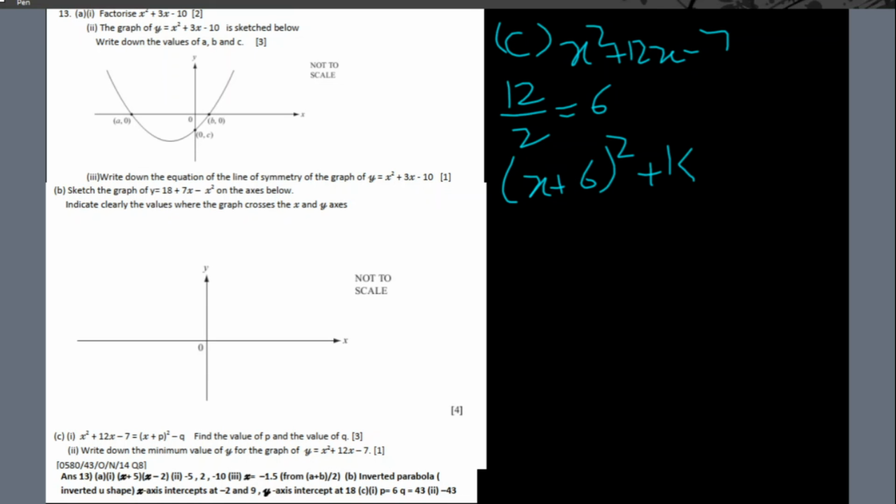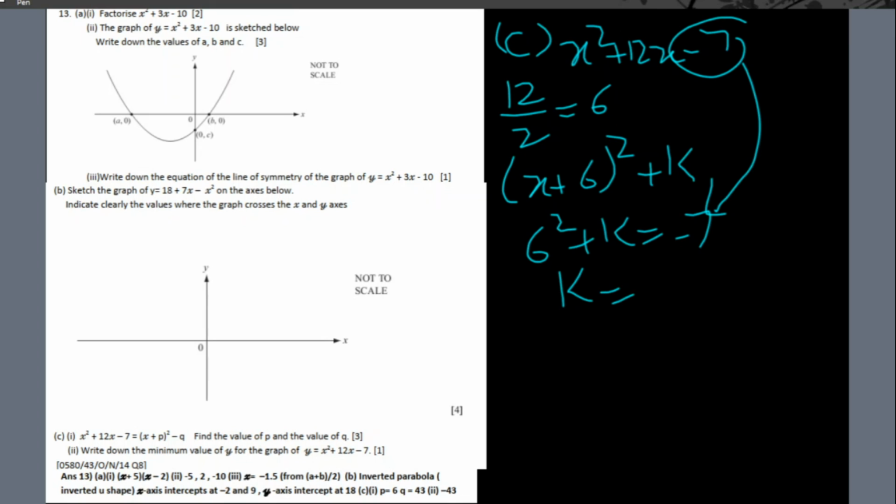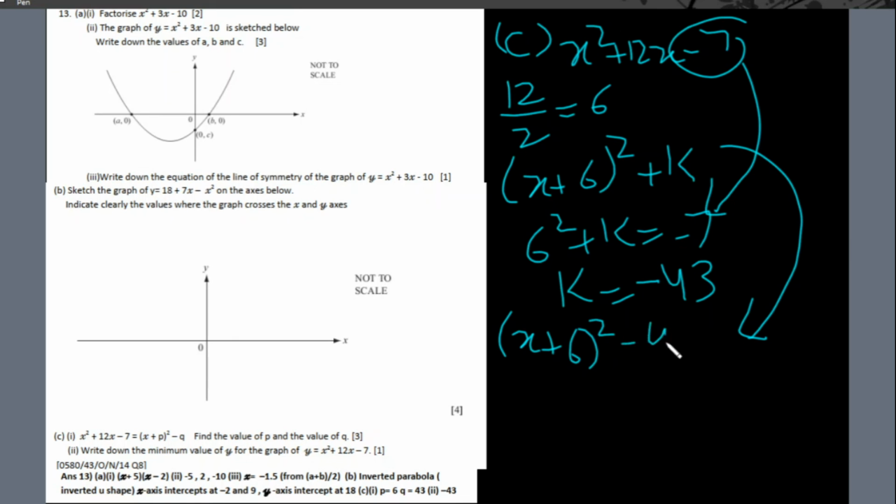We get 6 square plus k, write 6 square plus k equals minus 7. So you get k is equal to minus 7 minus 36, which gives us minus 43. So this is x plus 6 whole square minus 43, which the question said should be written in this form.